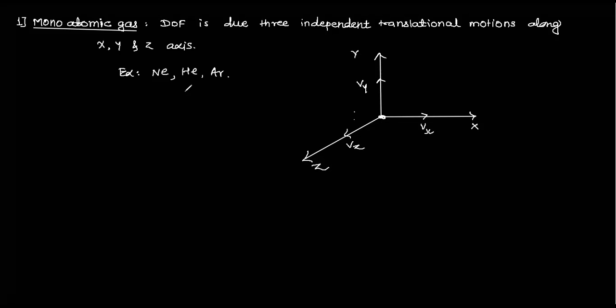So here degrees of freedom will be 3, and all are translational. Only they can perform translatory motion. So the degree of freedom is 3 for monoatomic gas and all are translational. Understood?